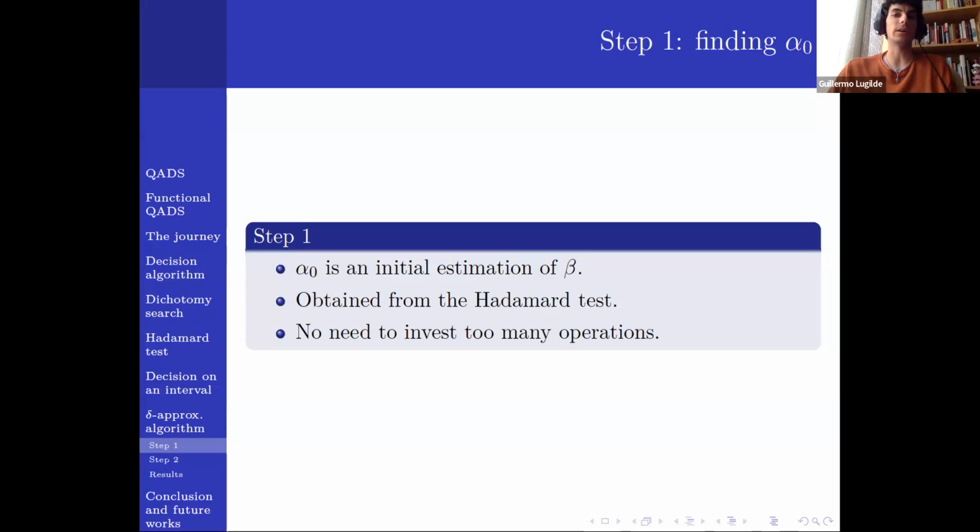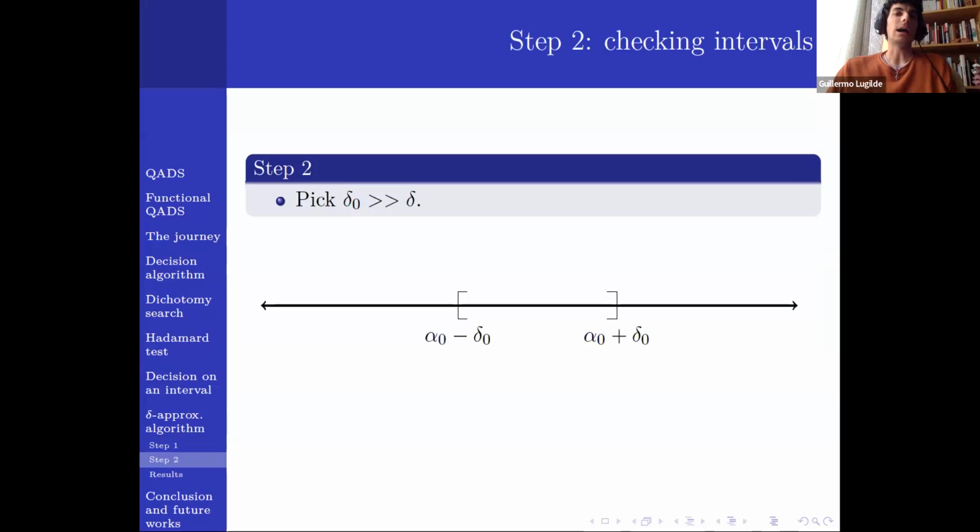And once we have alpha sub 0, an initial tolerance delta sub 0 is chosen, which is going to be much greater than delta. And we apply the interval correction algorithm for the interval alpha sub 0 minus delta sub 0, alpha sub 0 plus delta sub 0. If the outcome is negative, doesn't matter, we continue checking surrounding intervals because we know that beta is not far away until we obtain a positive outcome in one of them.